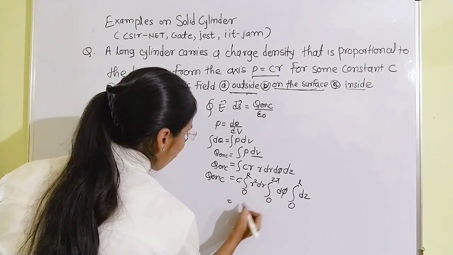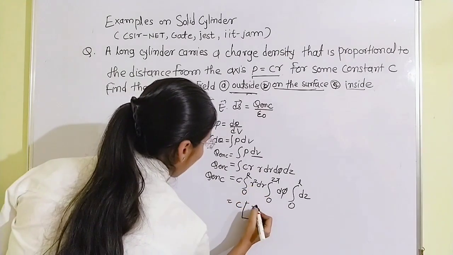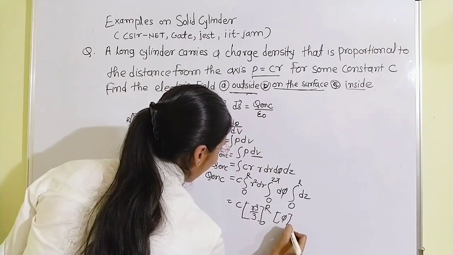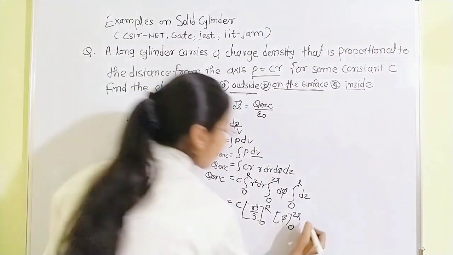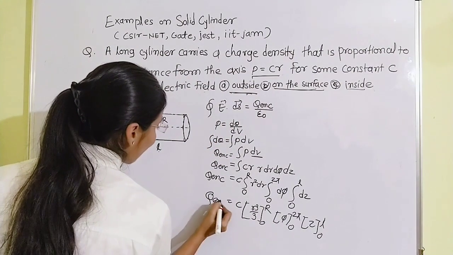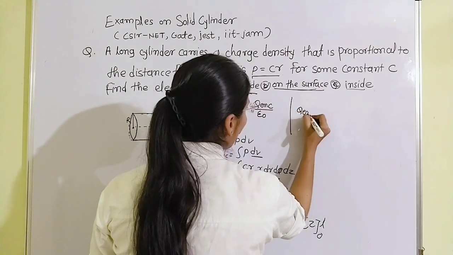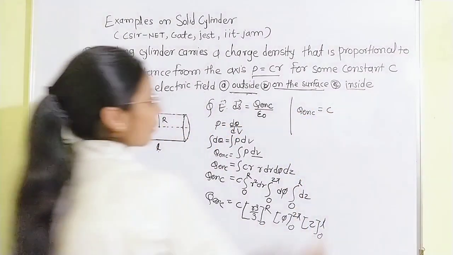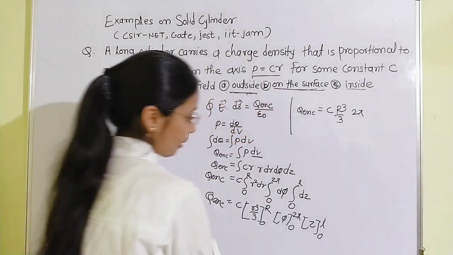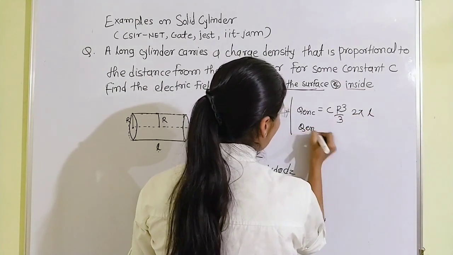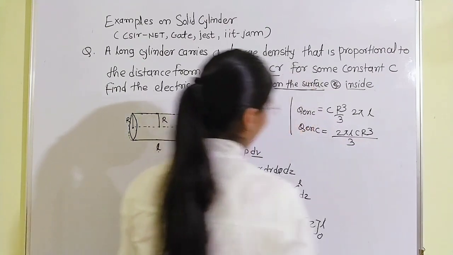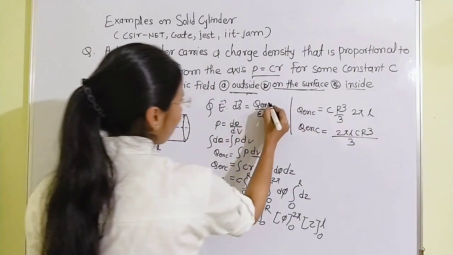So the integration gives c into r cube by 3 from 0 to R, phi from 0 to 2 pi, and z from 0 to L. Where we put these limits, q enclosed is equal to c into r cube by 3, with 2 pi and L. So q enclosed is equal to 2 pi L C r cube by 3. So this is our q enclosed.